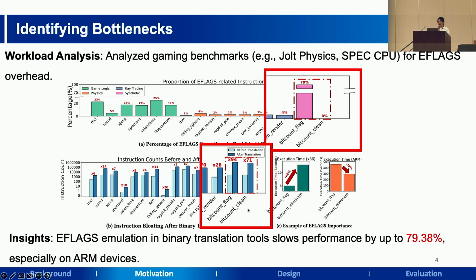To show the impact, we tested two micro benchmarks, one that updates flags every step, and one that avoids EFLAGS. On native x86, the flag-heavy version runs 40% faster. But under QEMU on ARM, the flag-free code is 36% faster, finishing in 295 seconds versus 460 seconds, highlighting how EFLAGS emulation is the main performance bottleneck in translation.